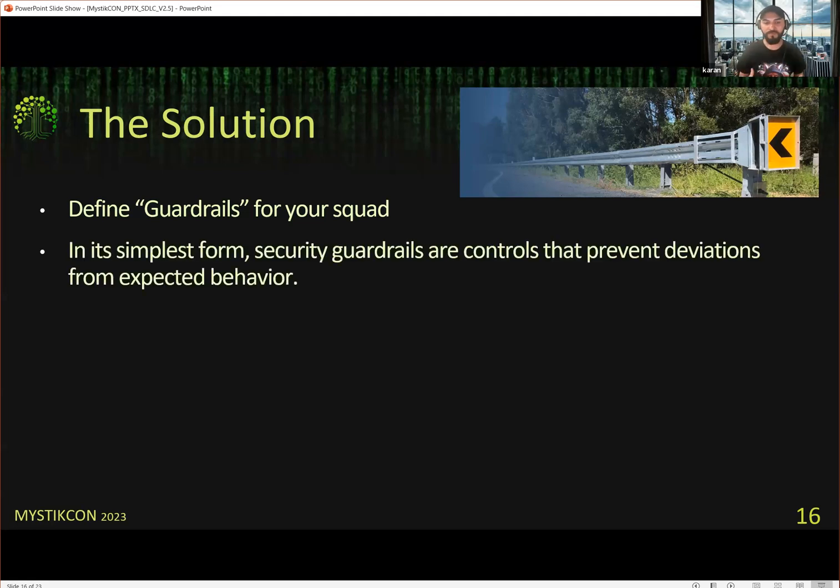In the simplest form, if you really want to understand security guardrails, it's just some security controls that are defined by your security team, guardrails or security controls that prevent any sort of deviation from an expected behavior.